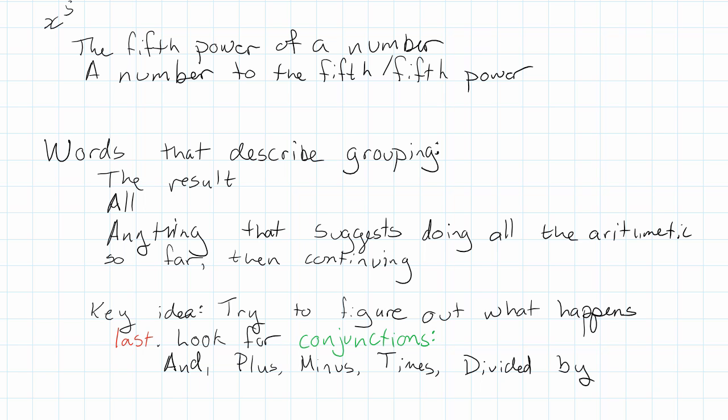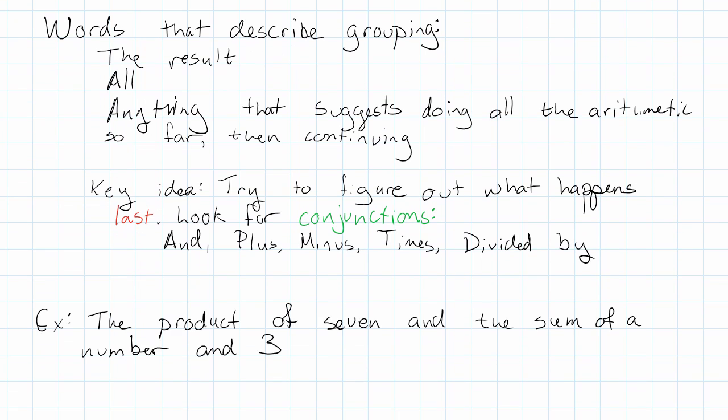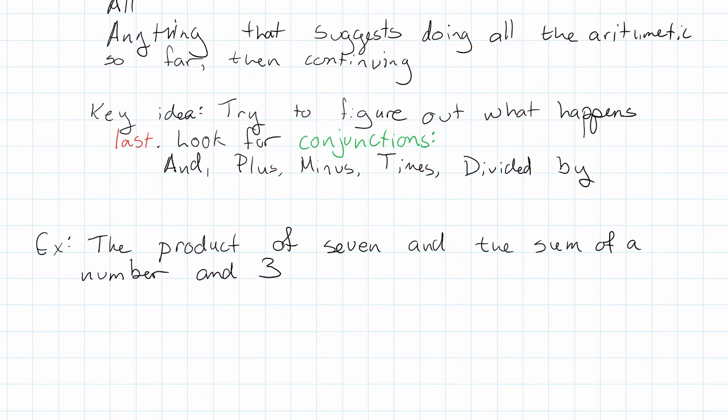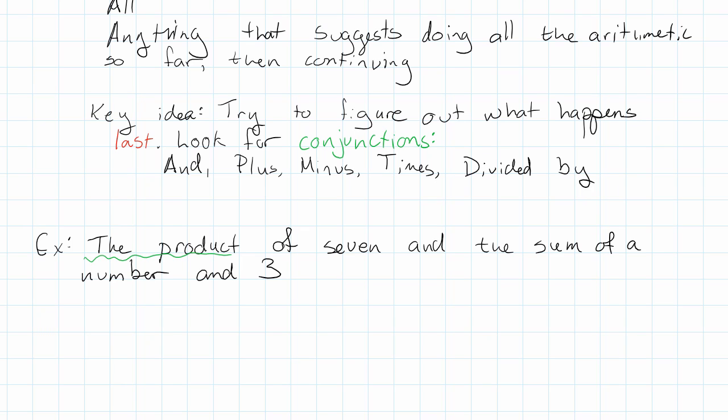Let's see some examples here. Let's say we have the product of 7 and the sum of a number and 3. So there's going to be some multiplying, right? The fact that it starts by saying the product suggests that multiplication is going to be the last operation.